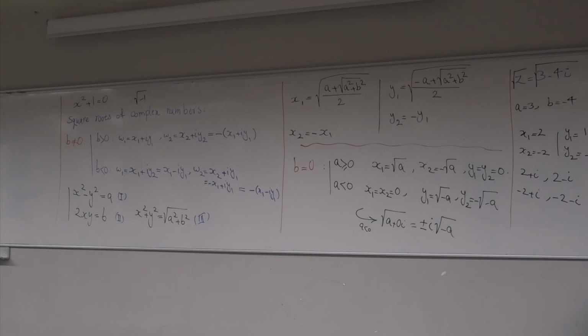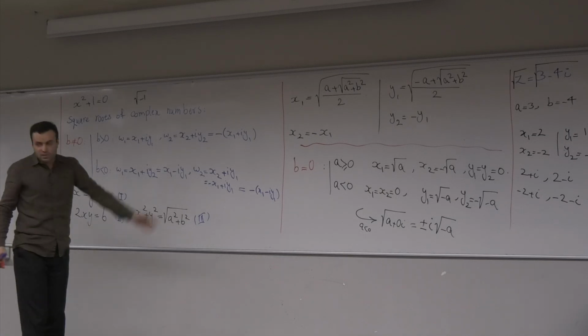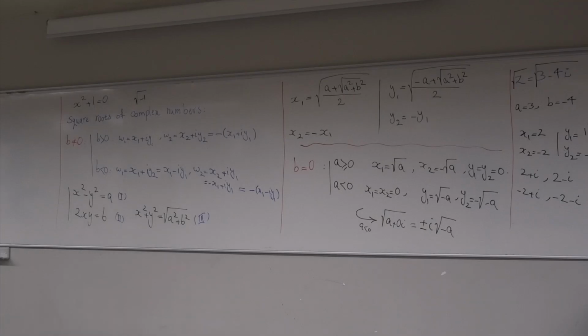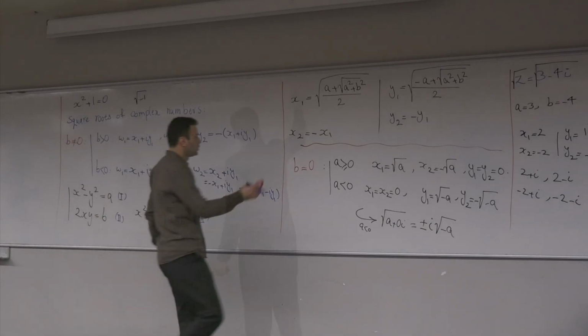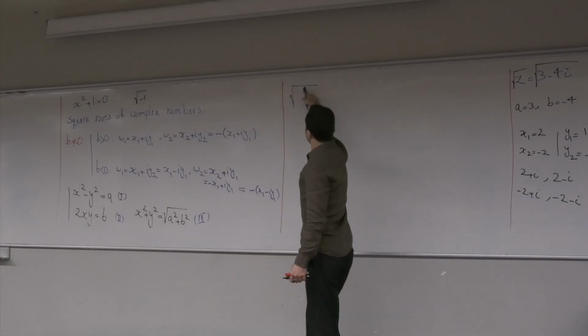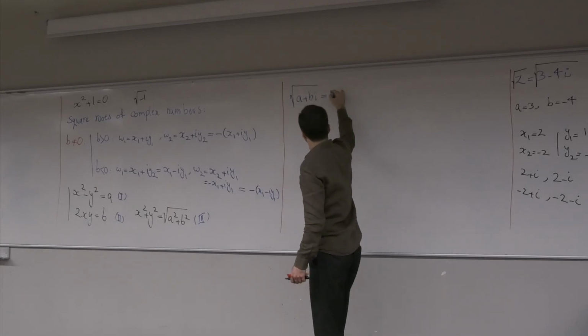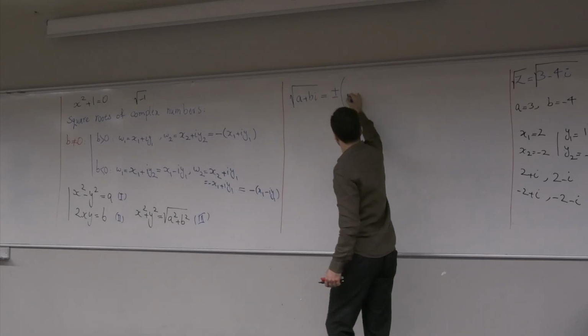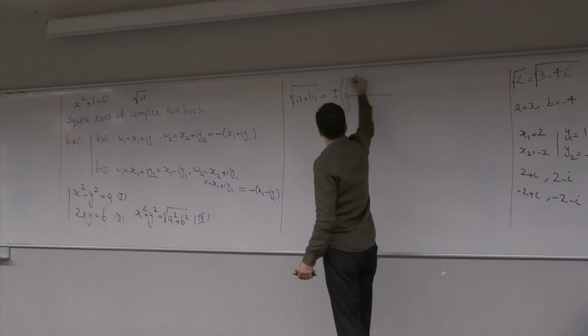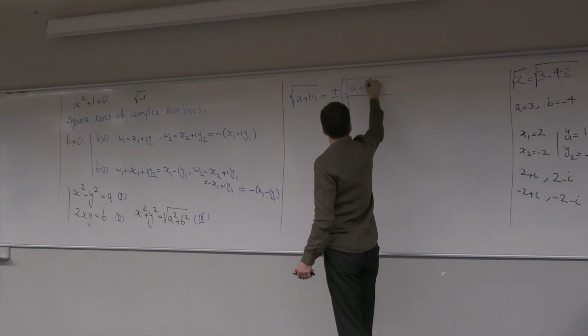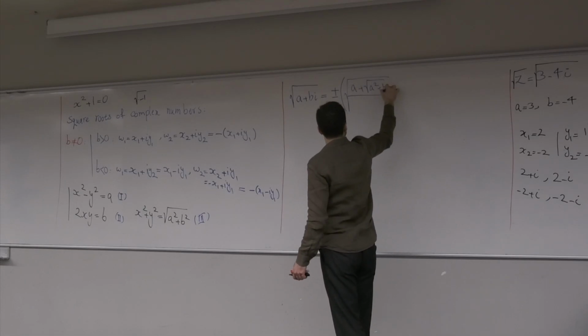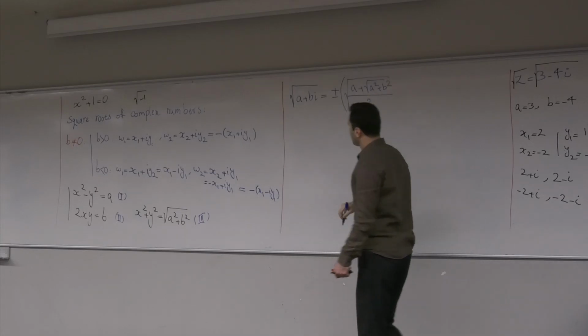Okay? Can we put all of these things in one single formula? Yes, of course we can. If we are calculating the complex square root of a plus bi, this is going to be plus minus of square root of a plus square root of a to the power of 2 plus b to the power of 2, divided by 2.